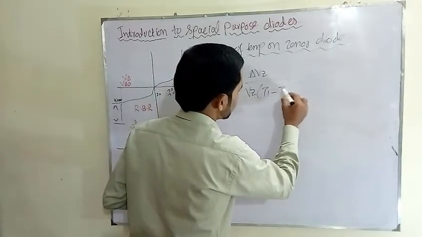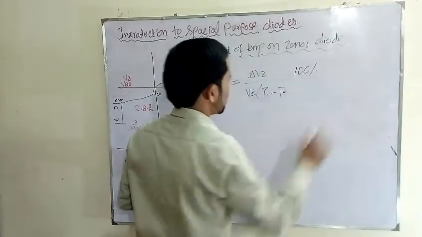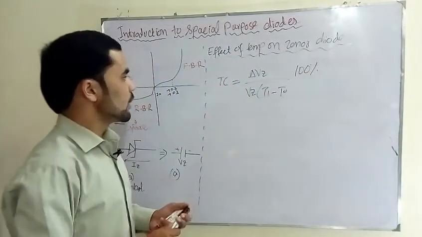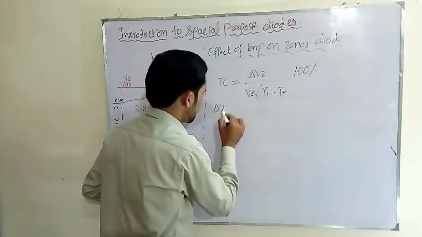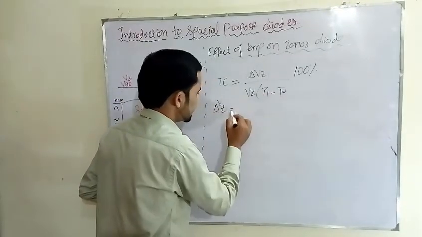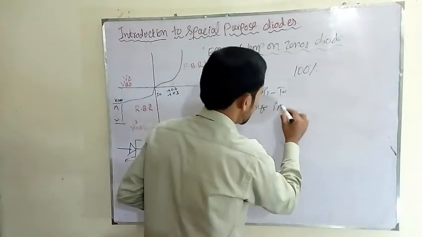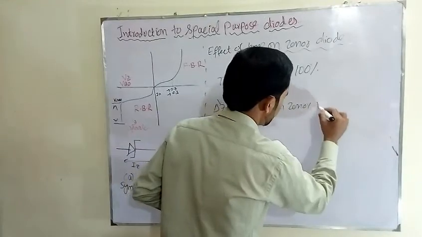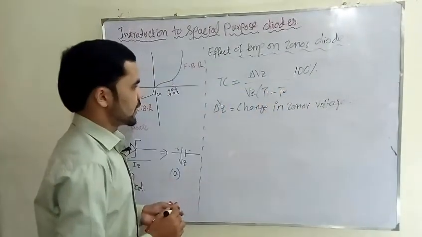over T1 minus T0, times 100%. This is the percentage. Del Vz is the change in Zener voltage.